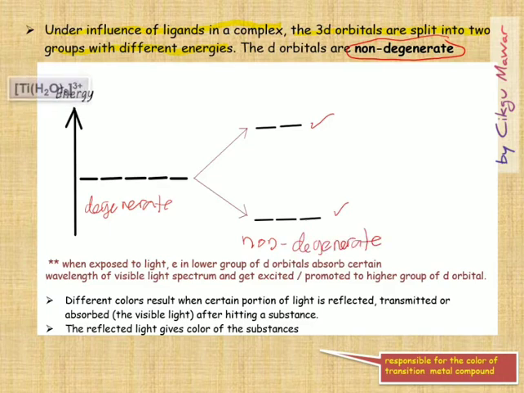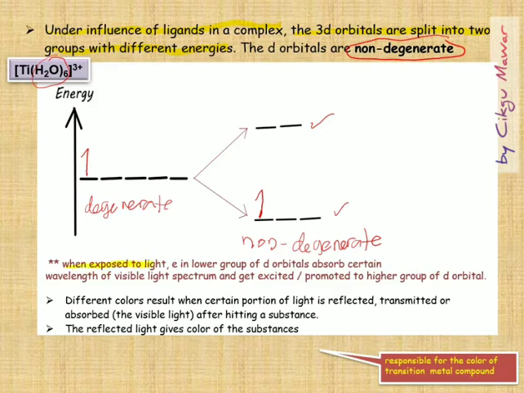For example, in the aquatitanium(III) ion, we locate the d1 electron in the d orbital. With the presence of the H2O ligand, repulsion occurs and the orbitals split into non-degenerate orbitals, so we must place the electron in the lower energy level first.